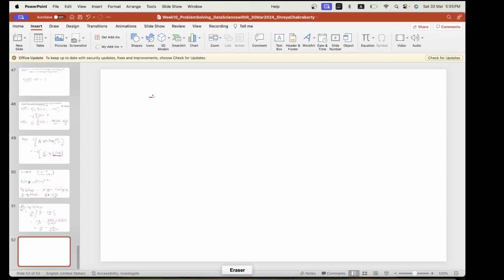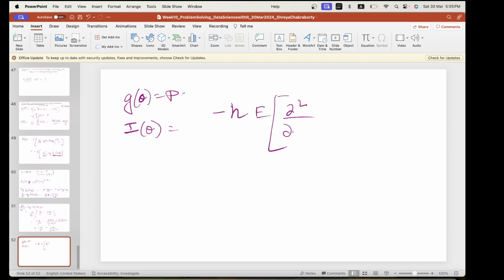Our g theta is actually p, and I theta should be minus n expectation of del 2 del p square log of f_X(x given theta).